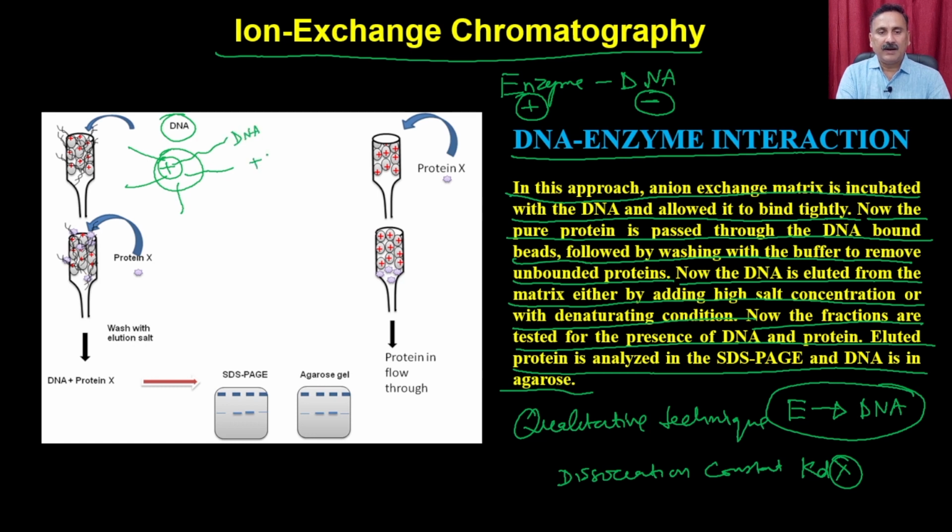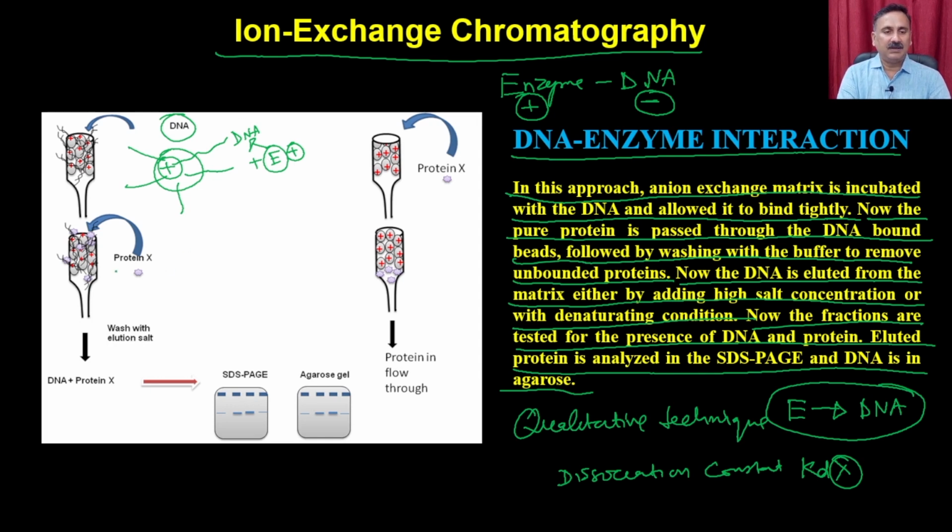And when you add the enzyme, it is going to have no affinity for the beads, because the enzyme is also positively charged, and the bead is also positively charged. So the enzyme will not bind the beads, but the enzyme will bind the DNA, which is negatively charged.